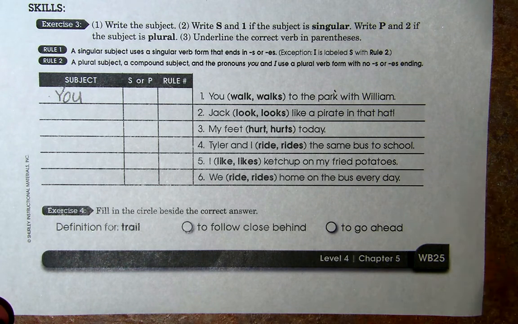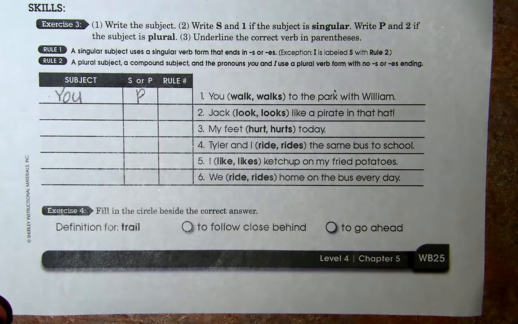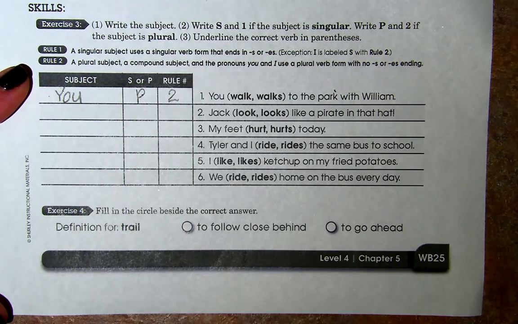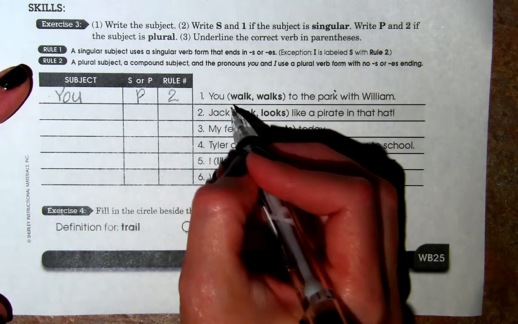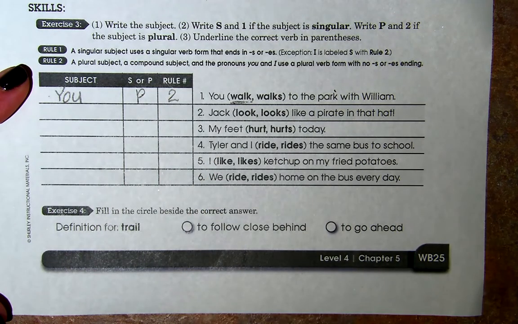And so you is plural, and it follows rule number 2, because plural verbs do not end in S. So you walk to the park with William. And most of the time you're going to know which verb to choose simply because of the way that it sounds.